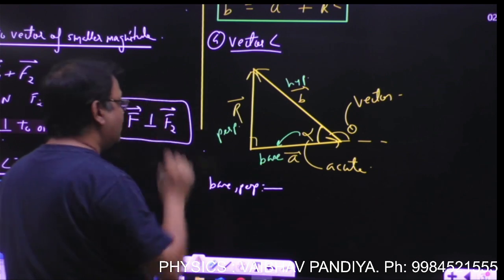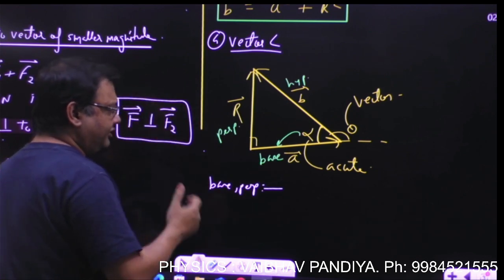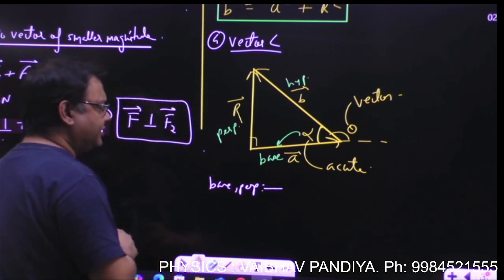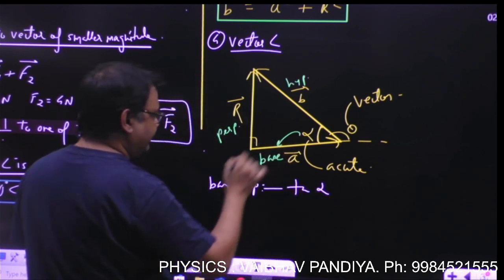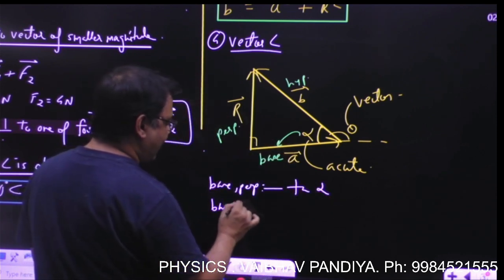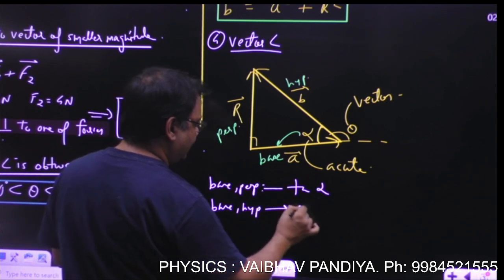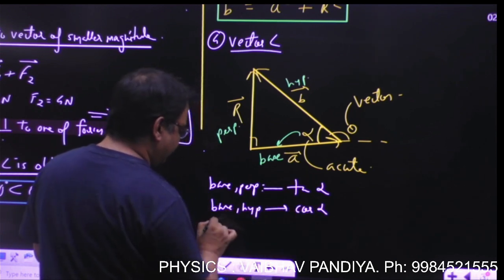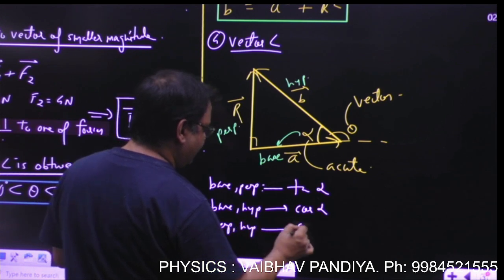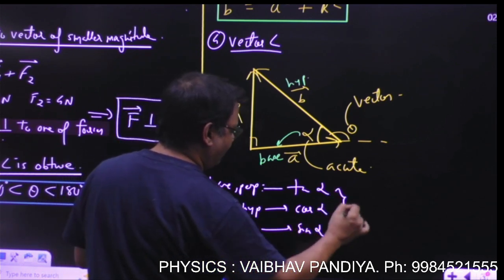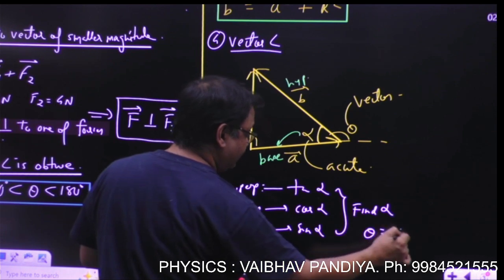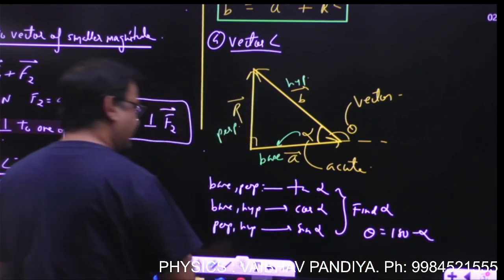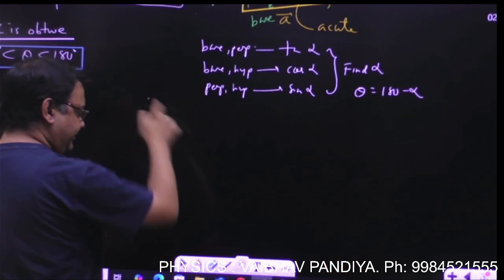Sine is perpendicular by hypotenuse, cos is base upon hypotenuse, tan is perpendicular by base. So you can apply tan alpha. If the relation is given between base and hypotenuse, you can apply cos alpha. If the relation is given between perpendicular and hypotenuse, you can apply sin alpha, and you can find alpha. And basically we have to find the vector angle, so it would be simply 180 minus alpha. Got it?